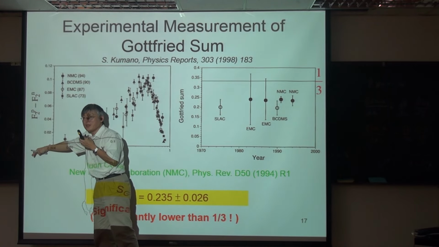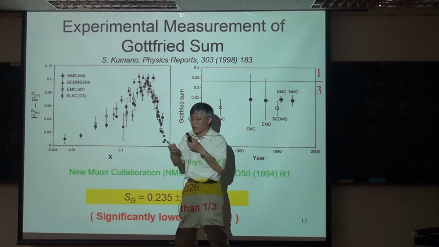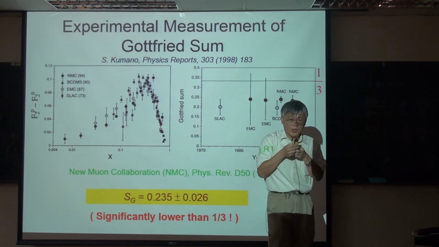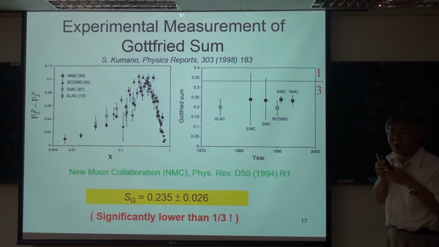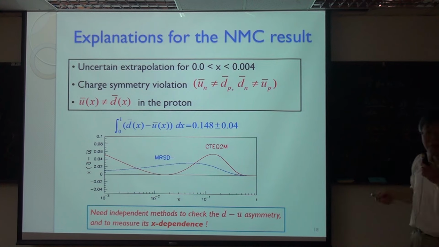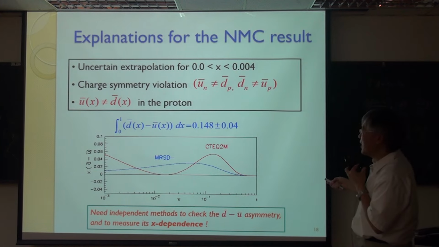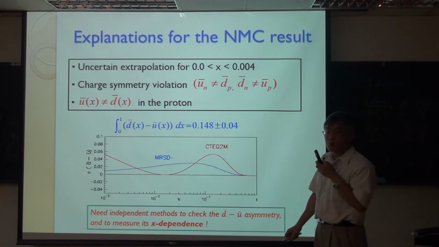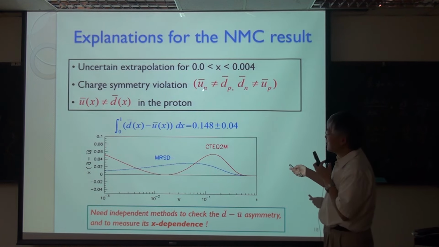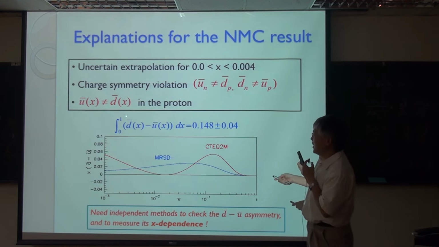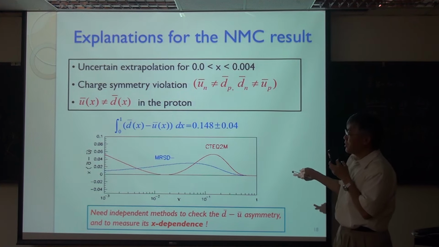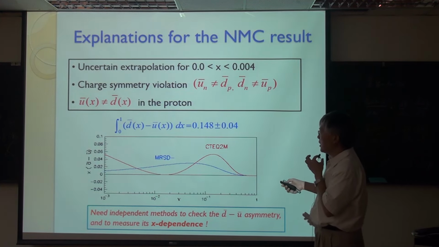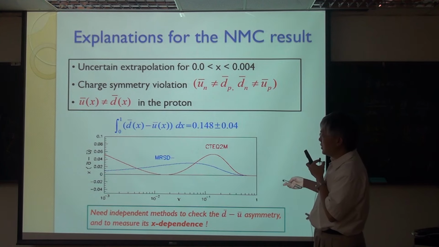You have to get it down here to make the whole integration. So there is the so-called systematic error over there. Maybe this systematic error can account for the deviation. And then there is the so-called charge symmetry breaking effect, which we won't go into. And of course, the other more naive picture is that maybe the U bar and D bar distributions are really different.